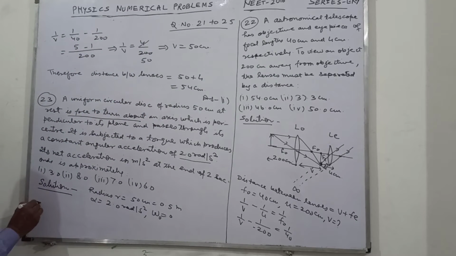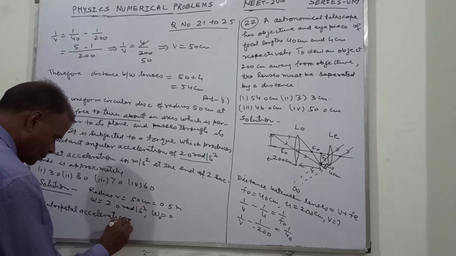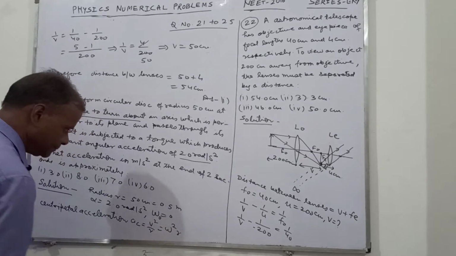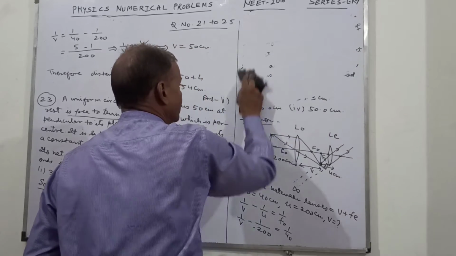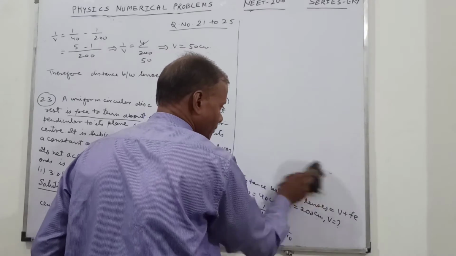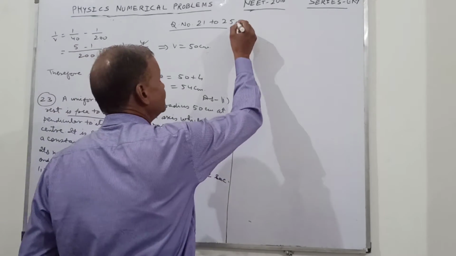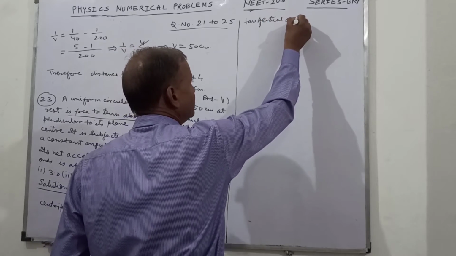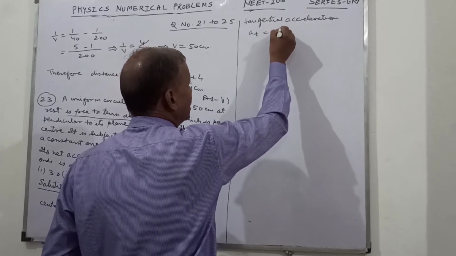So centripetal acceleration AC is equal to V square upon R, or this is equal to omega square R. And tangential acceleration, AT, is equal to R into alpha.